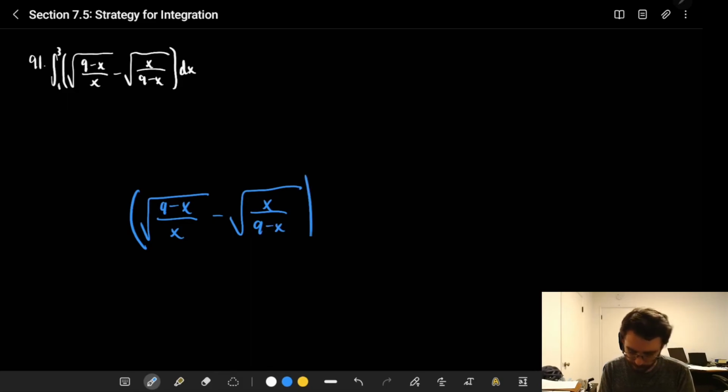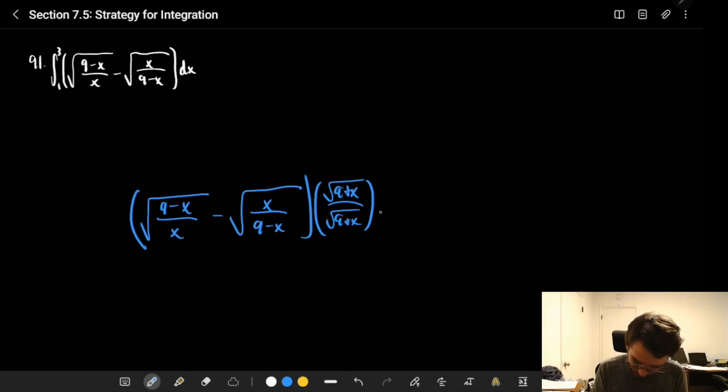They're like reciprocals of each other. But I would have to do... I mean, maybe I multiply by root 9 minus x over itself. Or 9 plus x, maybe. No idea if that's good. It's probably not, honestly.